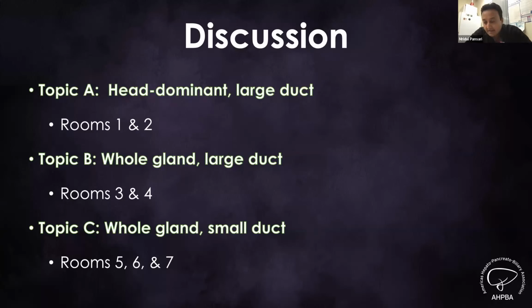And operation-wise, as Dr. Zyromski pointed out, it depends upon what the primary symptom is, like if it's being done for pain or biliary stricture, or it's a suspected cancer. But the consensus was doing a total pancreatectomy with islet cell transplantation, and since this patient had a splenic vein thrombosis as well, probably including a splenectomy.